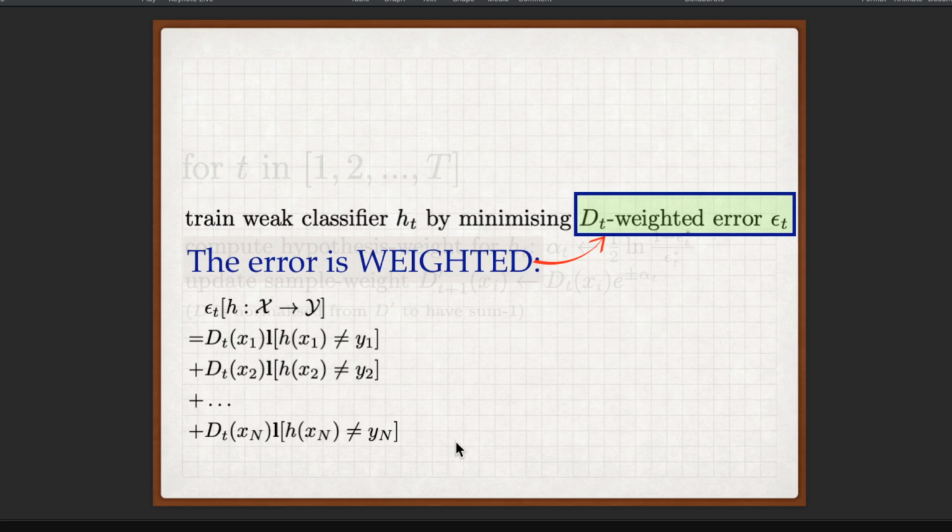But what I want to say to address the confusion is, here we do not necessarily need to perform the weighted optimization, weighted training for the base classifiers. We can actually do random resampling of the training samples by using the weights of the individual samples.